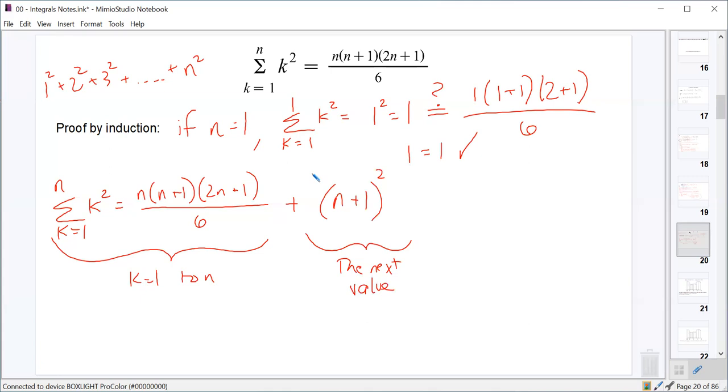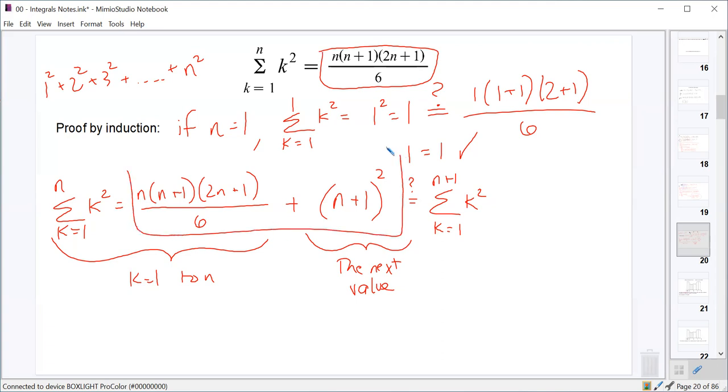And then the question is going to become, does this actually equal the sum from k equals 1 to n plus 1 of k squared? So effectively, if I go into my formula here and replace the n's with n plus 1s, going one term beyond, is this value equivalent to what I get from the formula?